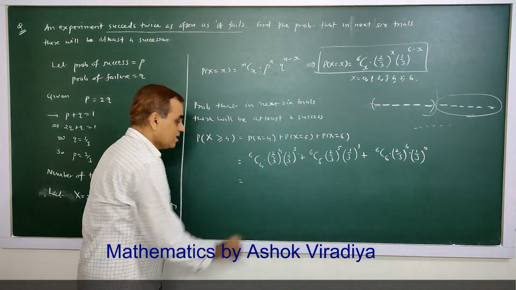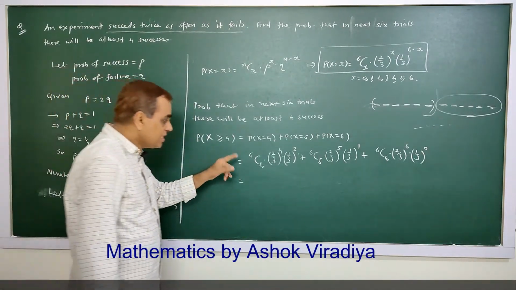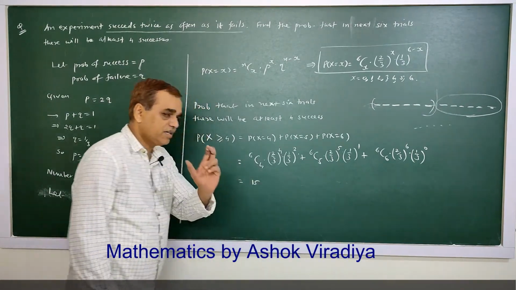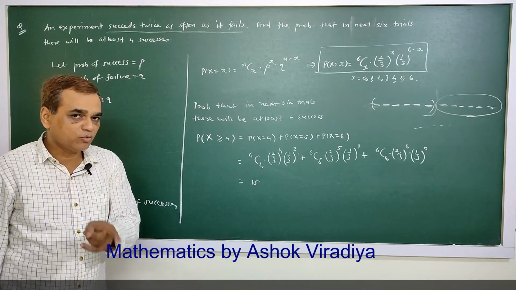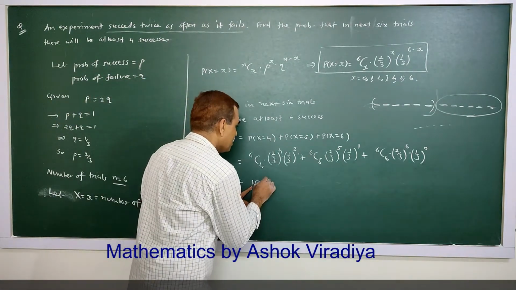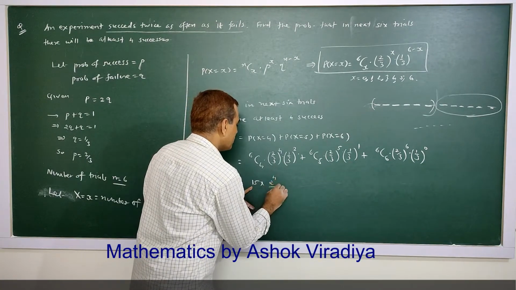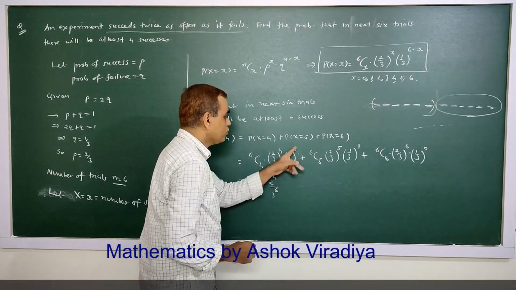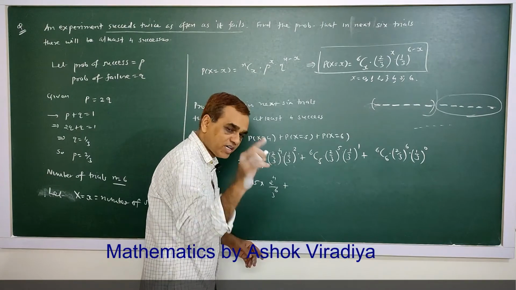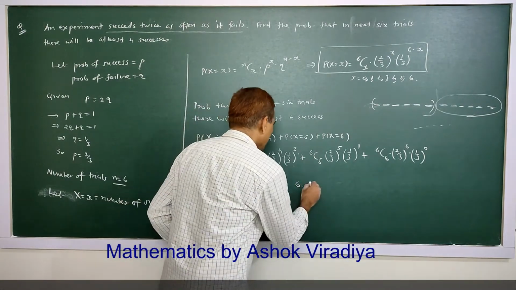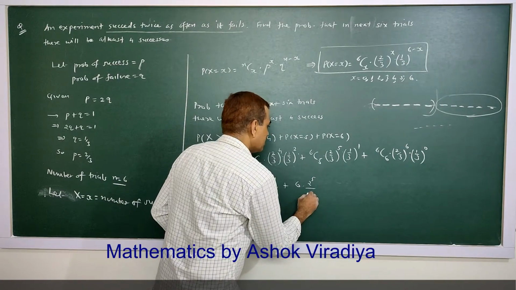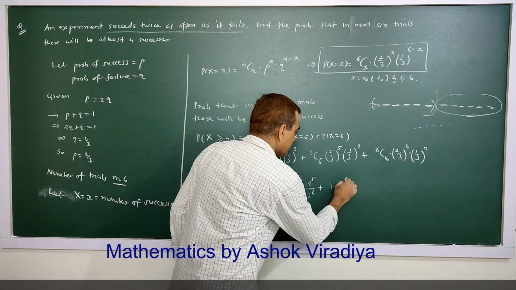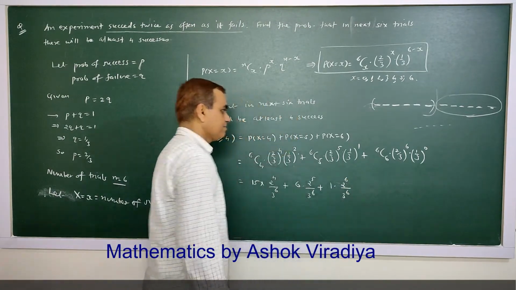So this is equal to, 6C4 is 6C2. 6C2 is 6 into 5 upon 2 into 1, that is 15. So 15 into 2 raised to 4 upon 3 raised to 6. 6C5 is 6C1, which is 6, into 2 raised to 5 upon 3 raised to 6. Plus 6C6 is 1, into 2 raised to 6 upon 3 raised to 6.